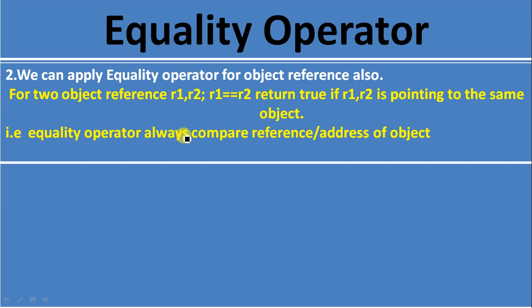For two object references R1 and R2, R1 equal to R2 returns true if R1 and R2 are pointing to the same object. That is, the equality operator always compares the reference or address of the object.